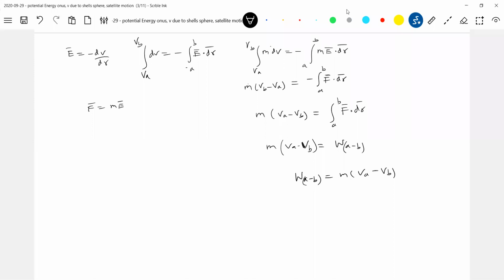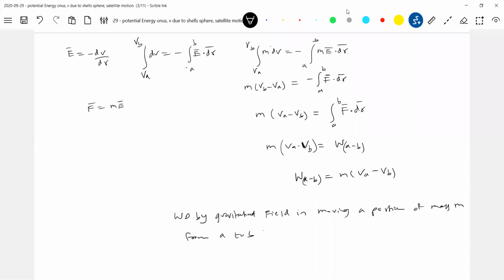Able to get this work done in moving a particle from A to B in a gravitational field by a gravitational force is equal to mass into potential difference between those 2 points. So what is the meaning of this? Work done by gravitational field in moving a particle of mass m from A to B. There's the meaning of W1.